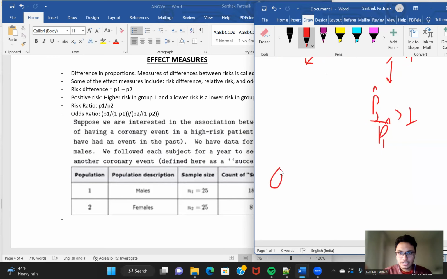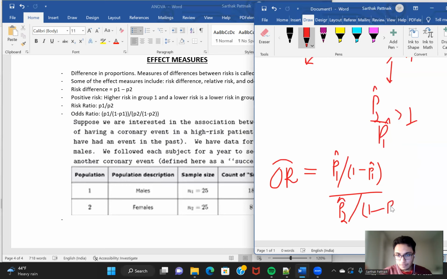And now coming to odds ratio. Odds ratio is given by P1 cap upon 1 minus P1 cap, divided by P2 cap upon 1 minus P2 cap. This is my odds ratio.